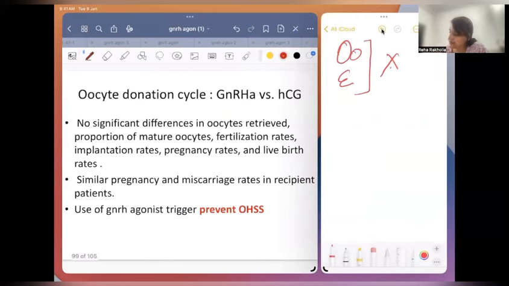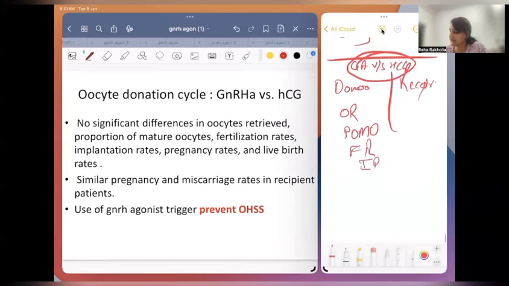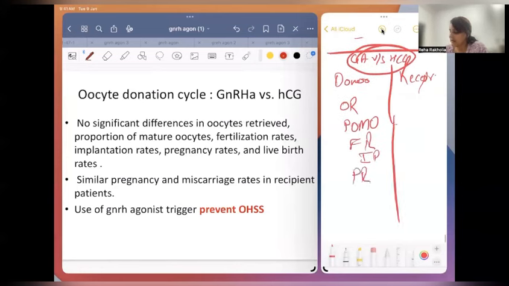Oocyte donor cycle. Now we'll talk about the oocyte donor cycle, donor and recipient. GnRH agonist versus HCG: there will be similar oocytes retrieved, proportion of matured oocytes, fertilization rate, implantation rate, pregnancy rate, and live birth rate in the donor.